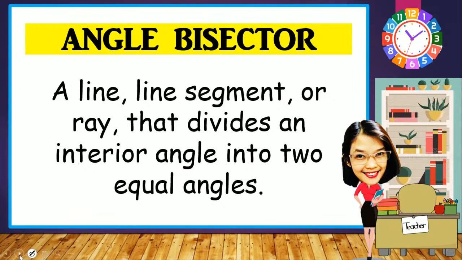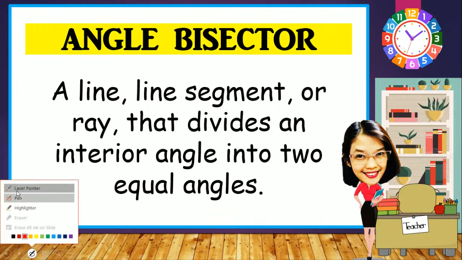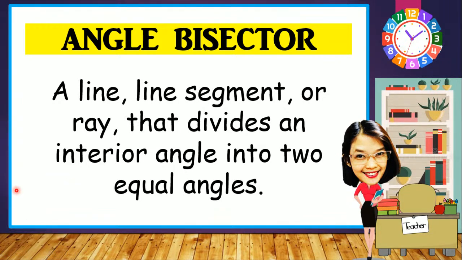Now, it is not just a ray that divides the interior angle. It can be a line. It can be a line segment or a segment, or it can be a ray.